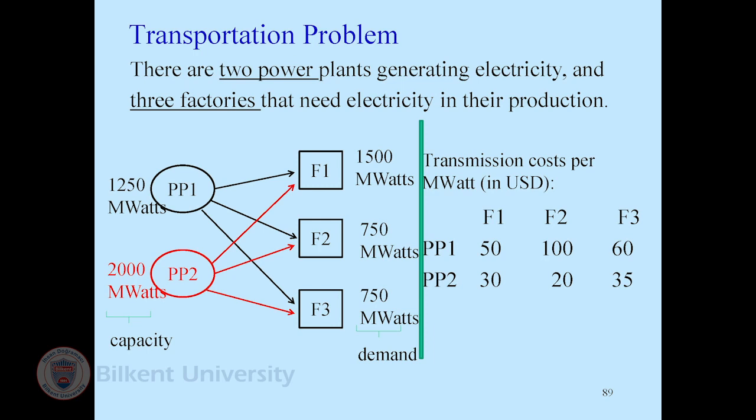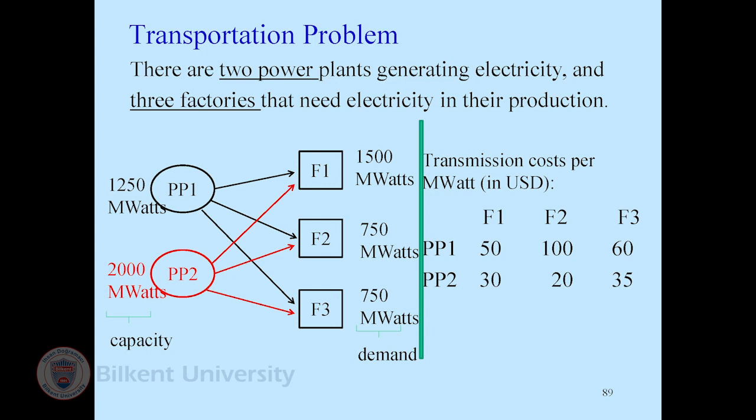For example, from power plant 1 to factory 1, per megawatt, it costs $50. For factory 1, if I get it from power plant 2, it's $30. Apparently, factory 1 is closer to power plant 2. Everybody is closer to power plant 2. Power plant 1 is more expensive for all those factories, but it doesn't have to be like that all the time. This is the data.